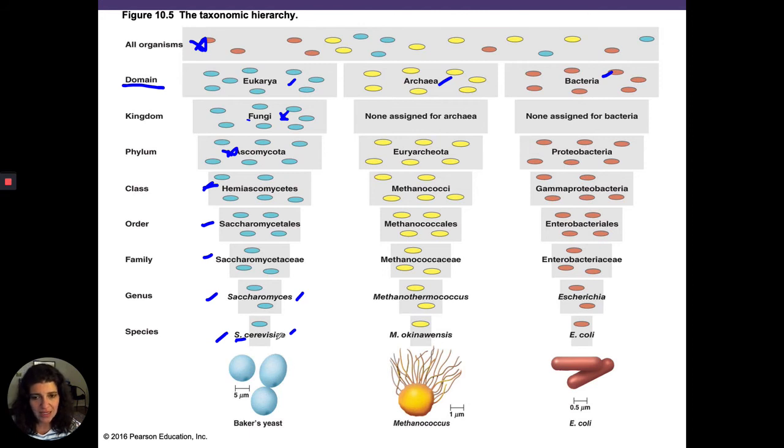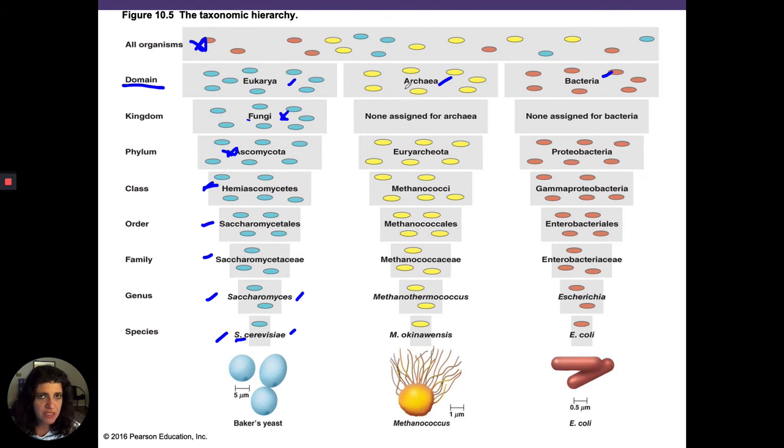So can I say that a species lies under the genus, and the genus is a classification that lies under family? So genus is always going to be a smaller group than a family group. Different families are always going to be smaller than one order, because the order includes all the families. Did you get it?